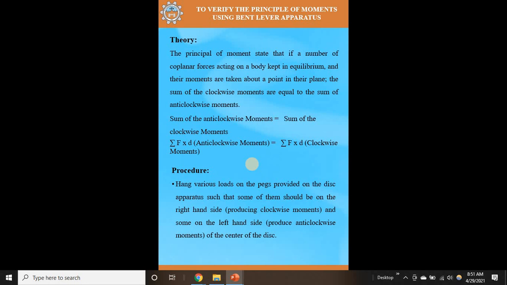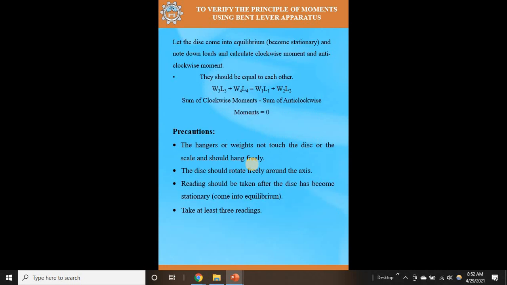You will note the individual distance of each force, multiply that distance with the force, add the moments on either side, and compare whether they are equal or not. If they are equal, it verifies the principle of moments, and if they are not equal, then we have done some error.